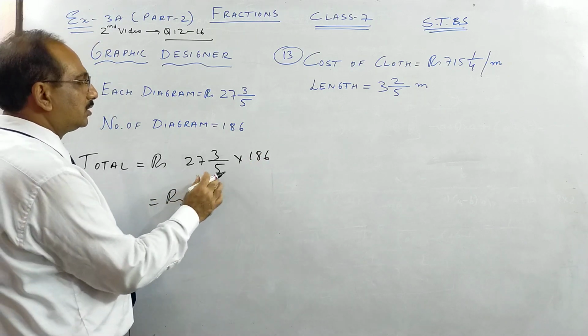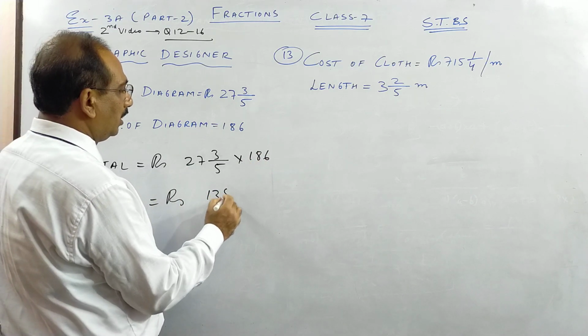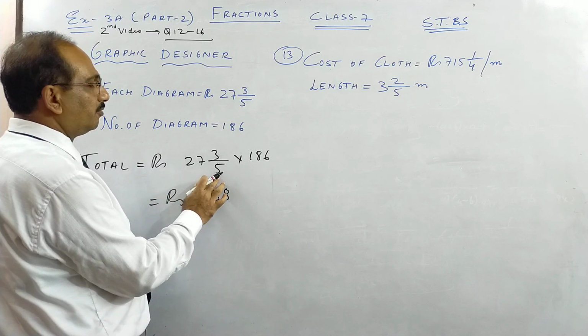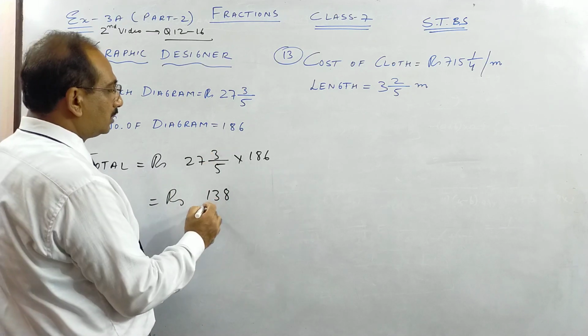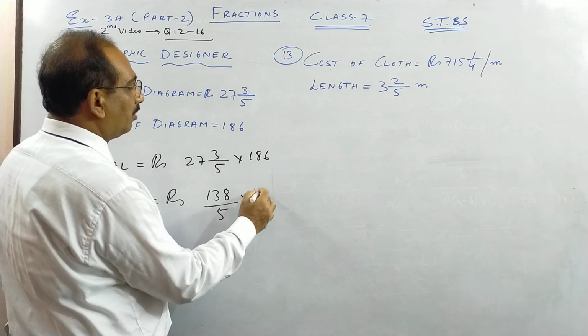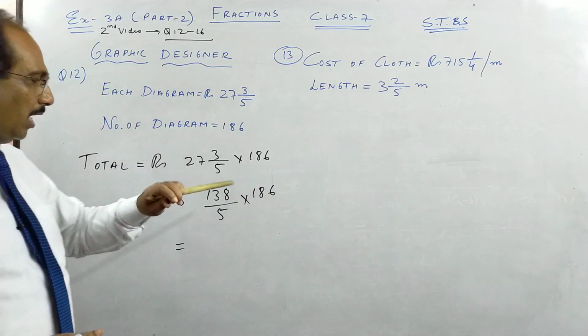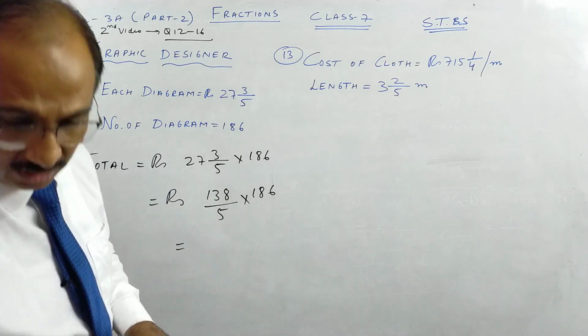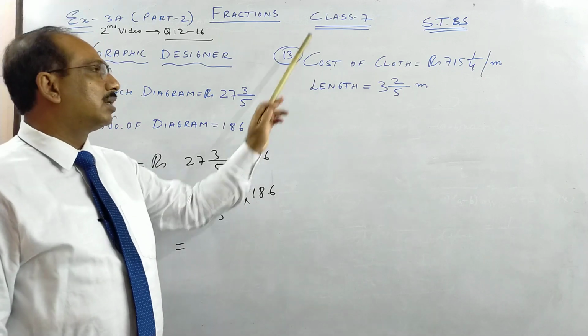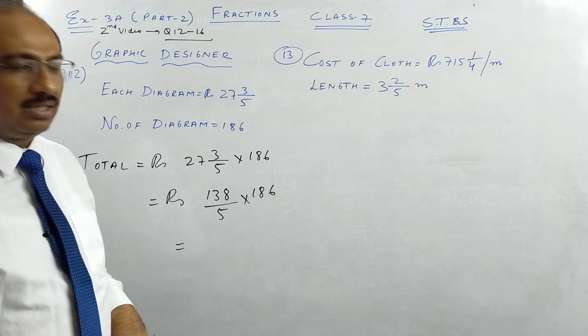If you do this, this will be 138, since 27 5s are 135 plus 3, over 5, into 186. Here generally you will see big multiplication and division, and I know that in class 7 you know multiplication and division.